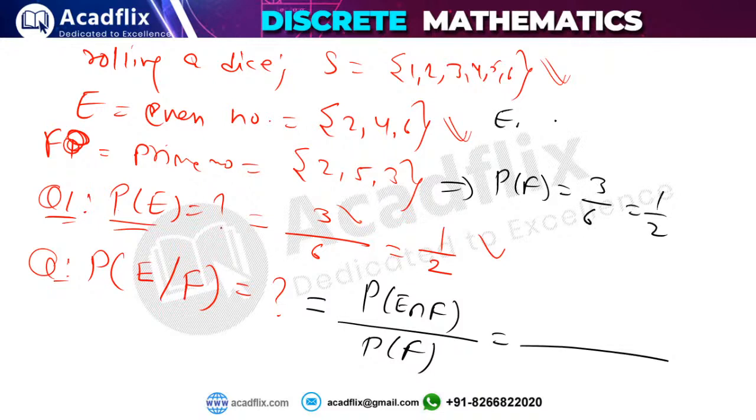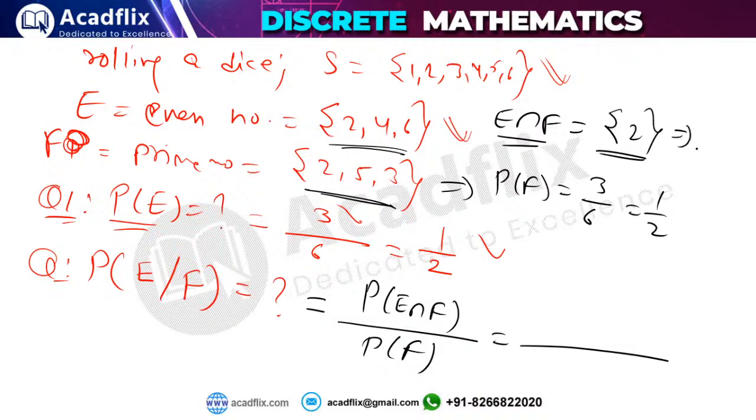Let's find E intersection F. This is E, this is F. What is E intersection F? This is E intersection F. You can see, focus here. So the probability of E intersection F will be 1 by 6, because there is only this one element.